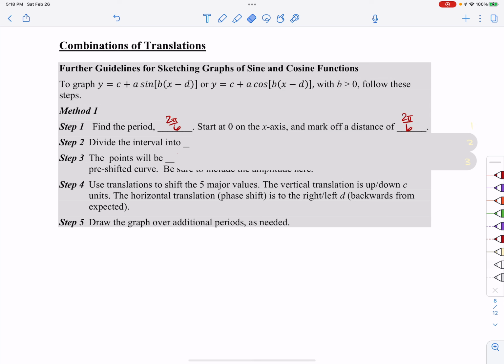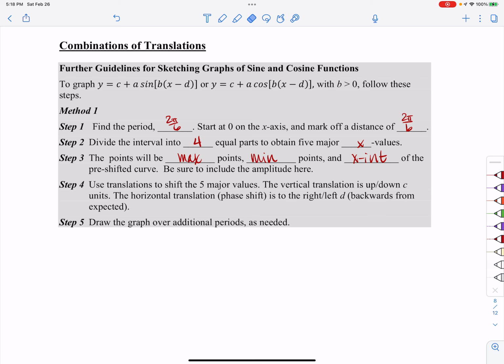The first thing that you want to do is find what your period is, which is 2 pi over b, and mark the period on your graph. You want to divide into 4 equal intervals, and these are going to be your 5 major x values. These are going to be either a maximum, a minimum, or x-intercepts. This is all that we did in section 6.3 so far.